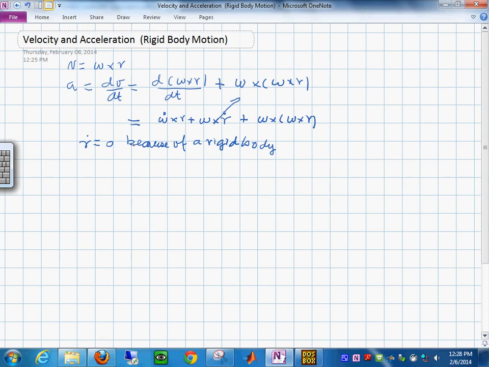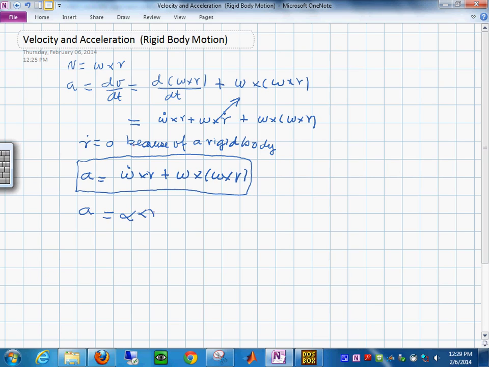So this term goes away, and the acceleration then becomes omega dot cross R plus omega cross omega cross R. See, this is where it comes from. So you could also write this: the acceleration is alpha cross R plus omega cross omega cross R, like that.